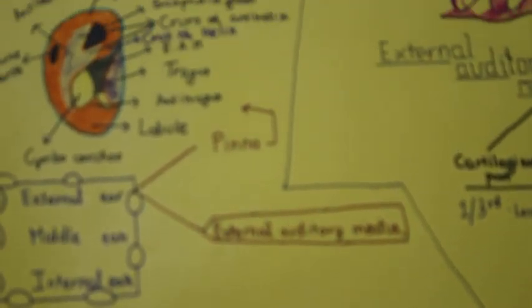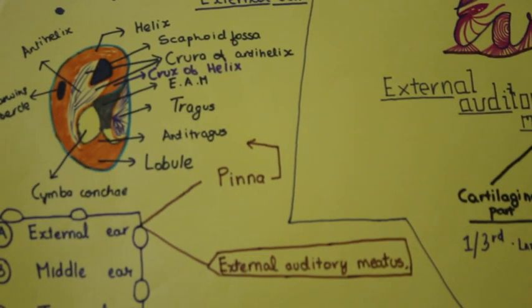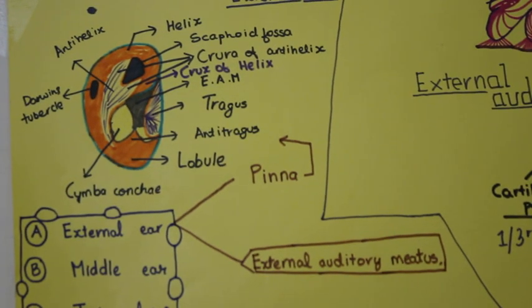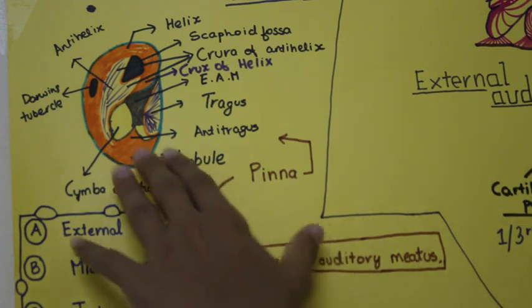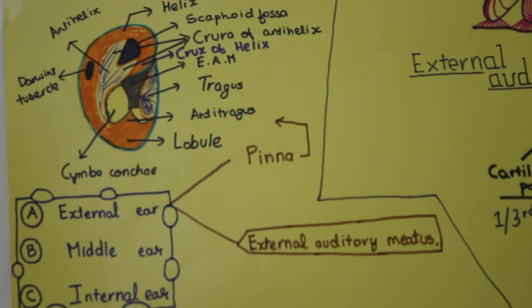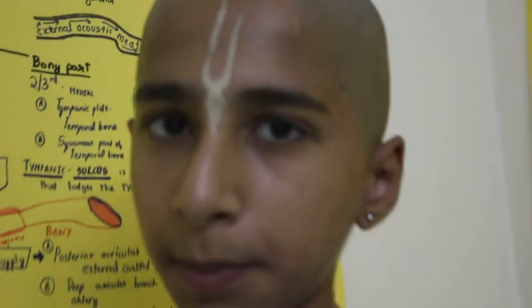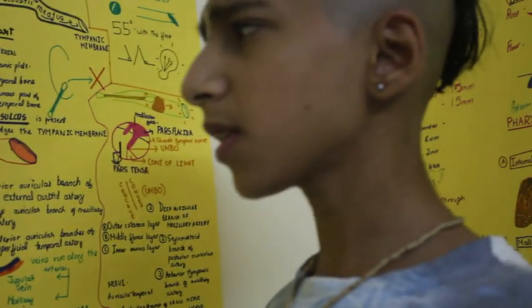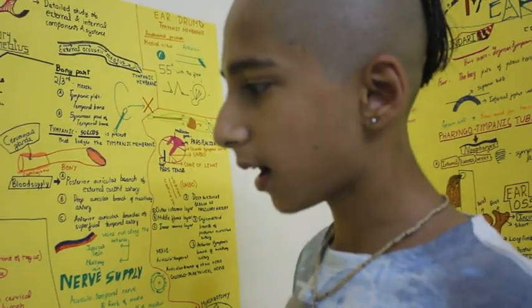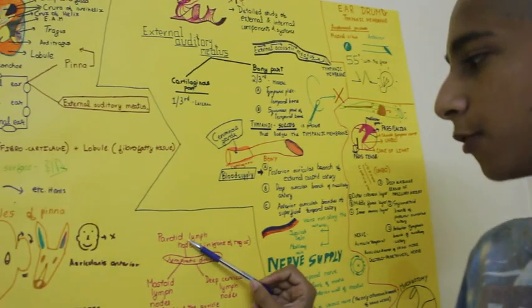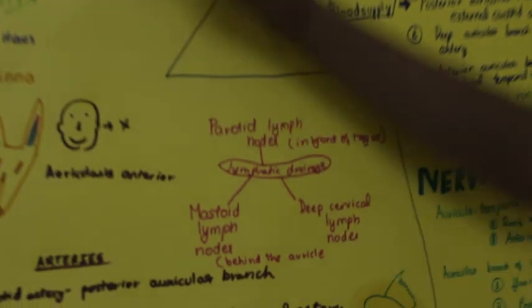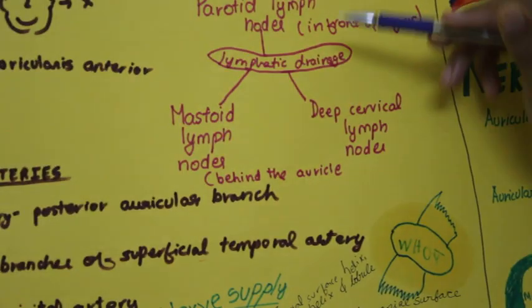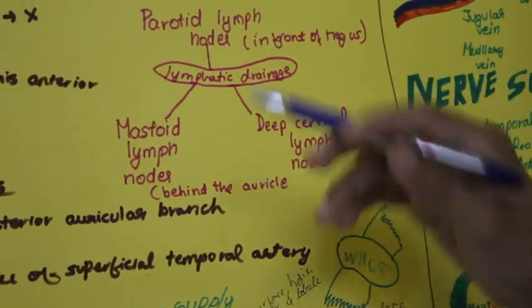If any dirt is affecting the anterior portion of the ear, the portion facing the front of the face, or if there's dust coming, the tragus will be able to protect it because it is a flap almost covering, not completely. This tragus is supplied and drained by the parotid lymph nodes. Mastoid lymph nodes are behind the auricle, where we have the mastoid process deeper inside, and deep cervical lymph nodes are also present somewhere over there.